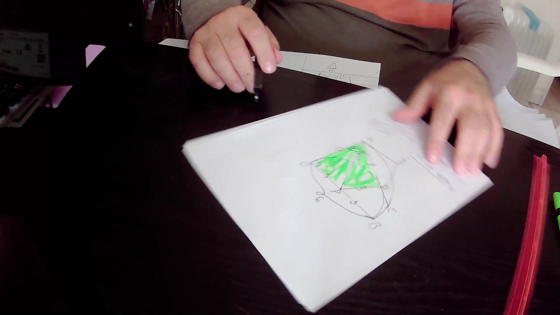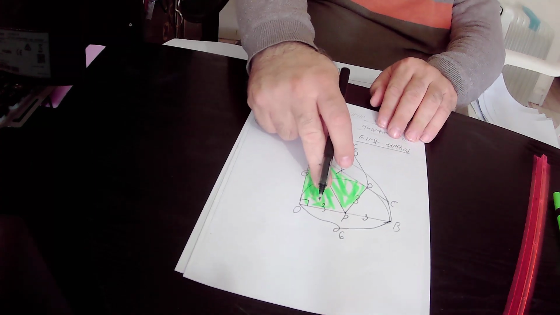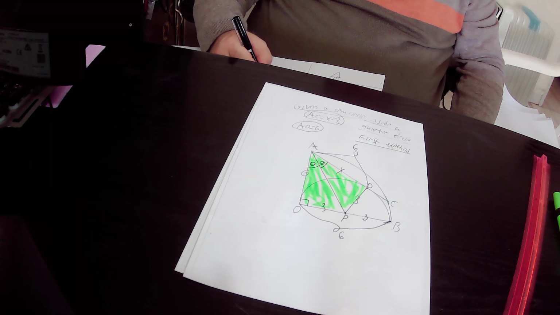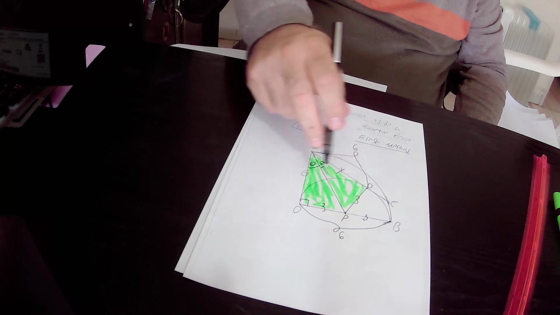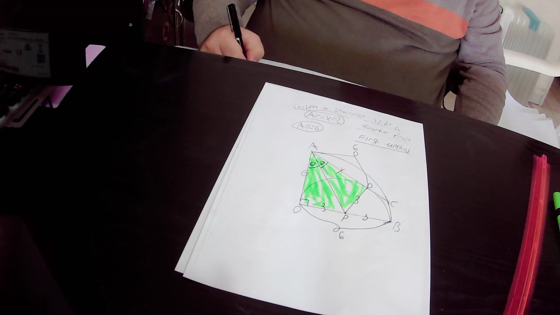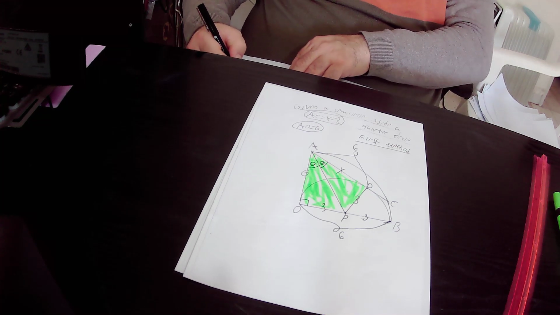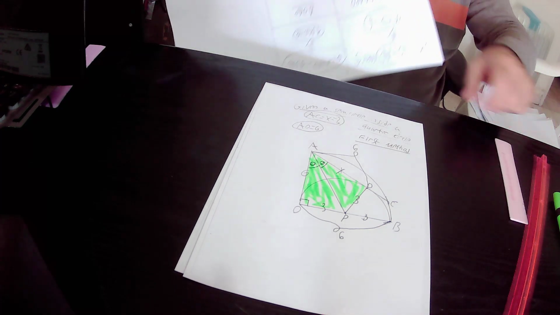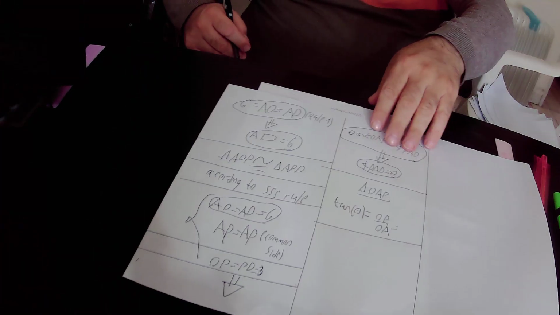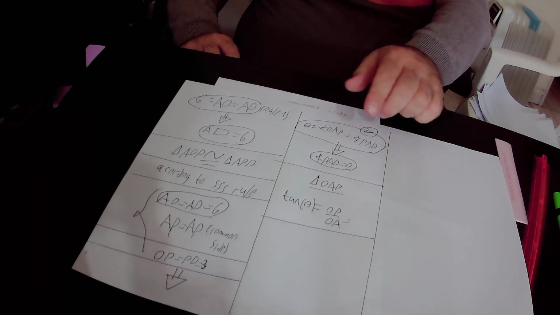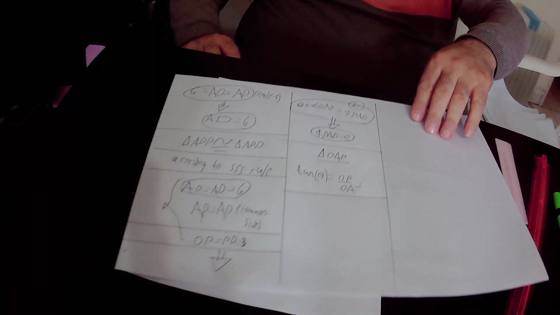In this triangle, sine theta equals OP over OA.